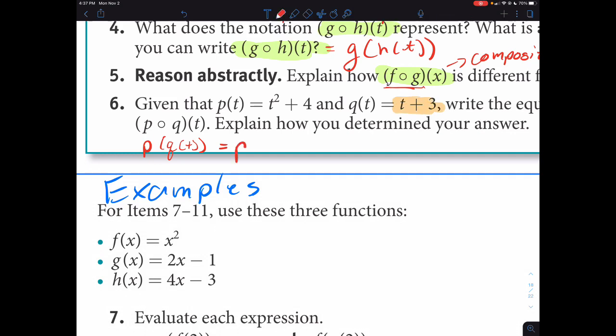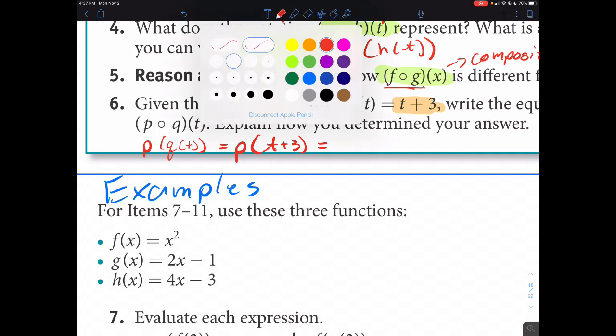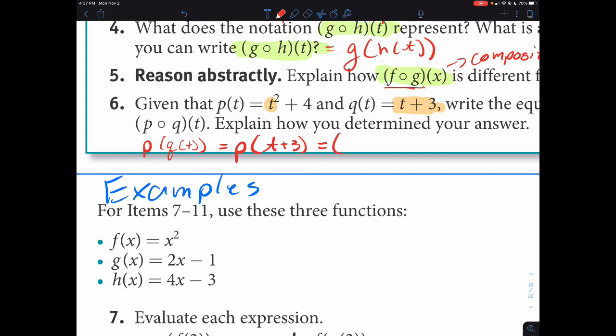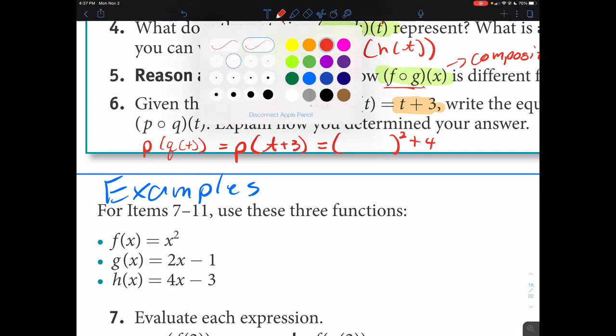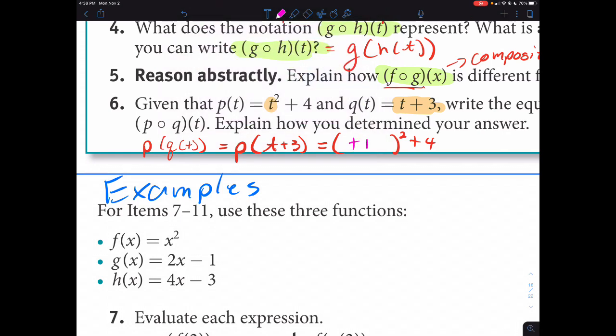So you're really finding p of t plus 3. So we're going to take t plus 3 and plug it into function p there. So using parentheses, we're going to take out the t and replace it with the t plus 3.